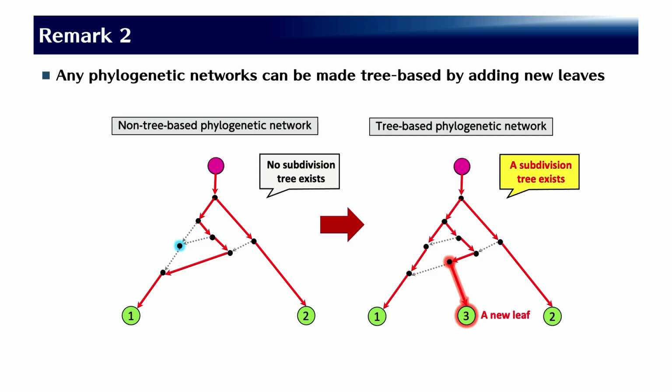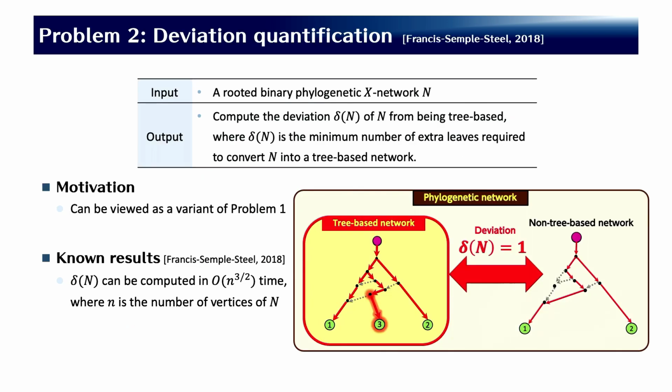The second remark is that any phylogenetic network can be converted into a tree-based network by attaching extra leaves. This observation leads to the following variant of the decision problem, which I call the deviation quantification problem. The question here is how to measure deviation from being tree-based, where the deviation measure delta is defined to be the minimum number of extra leaves required to make N tree-based.